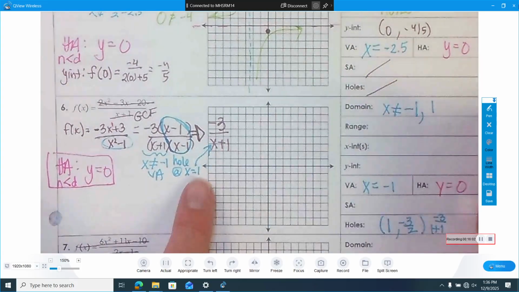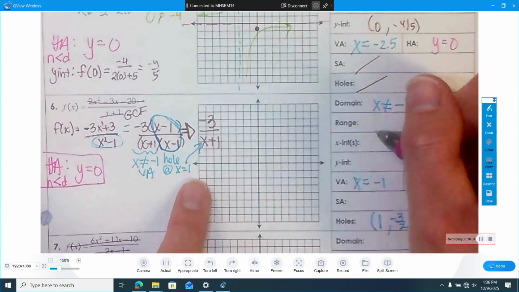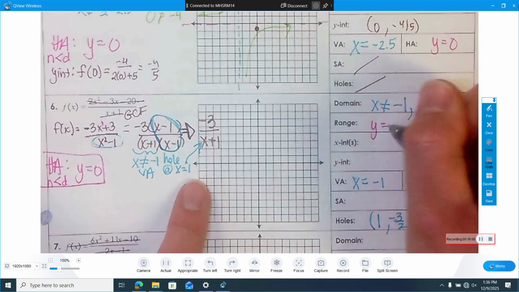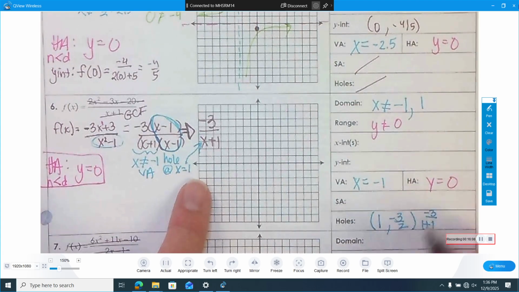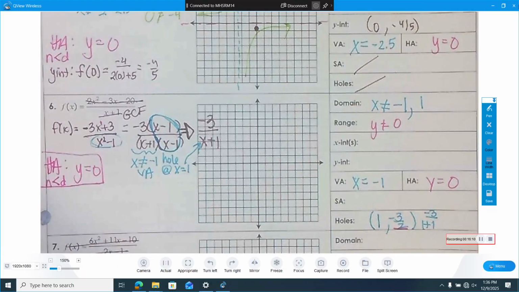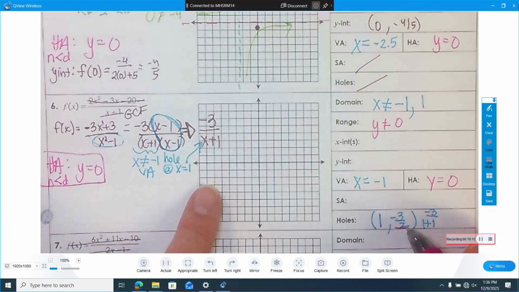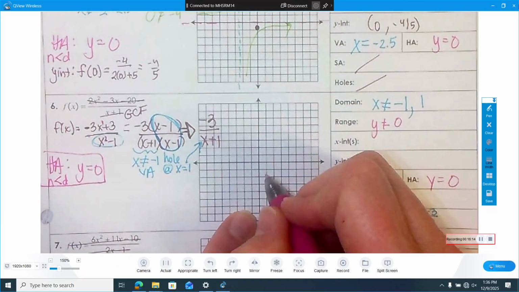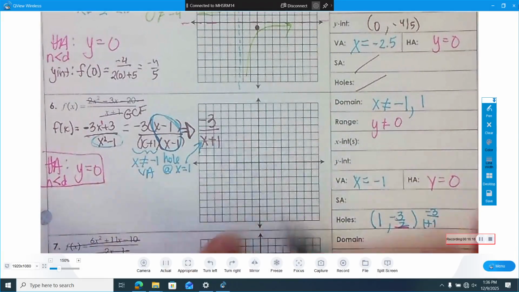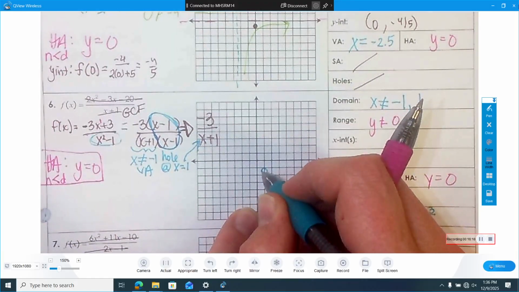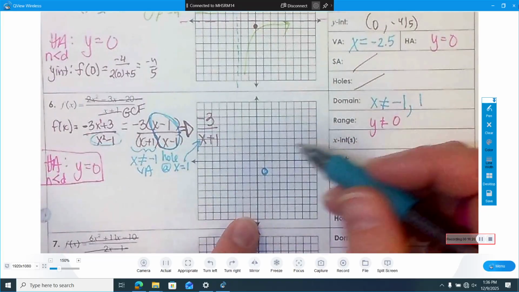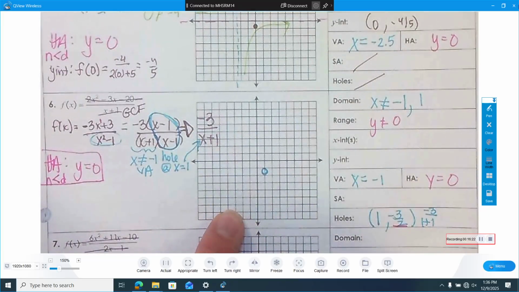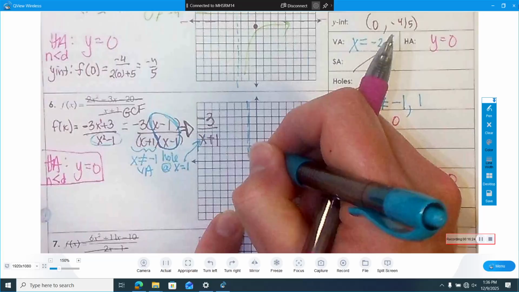Also, yes. Now, the range, where y is not allowed to equal 0, but also, because there's this hole at 1, negative 1.5, there's a hole right here. And I have my vertical asymptote at negative 1.